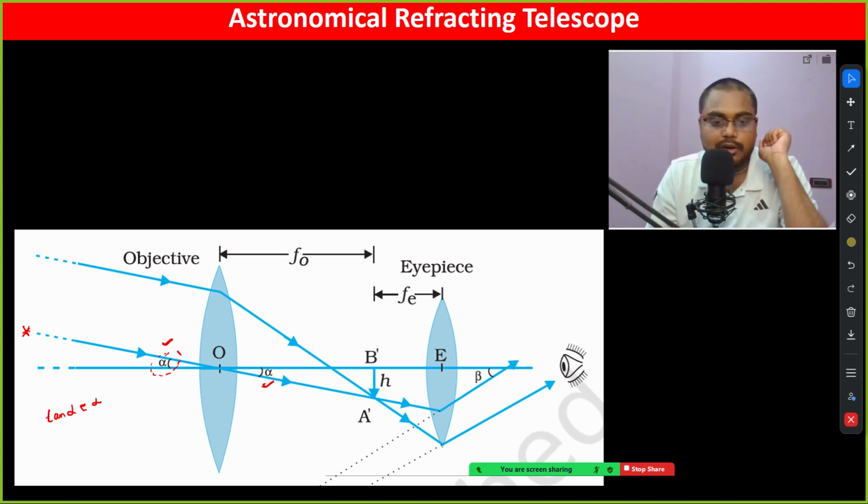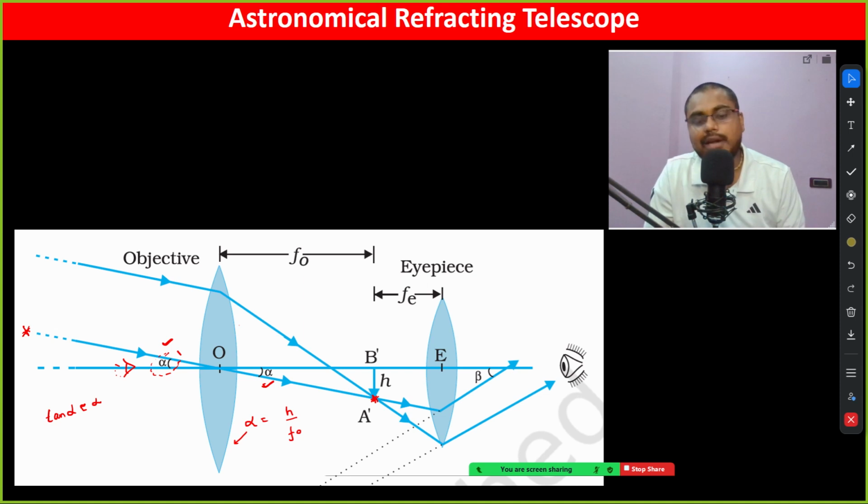If the image is formed here, we can see alpha equals h by FO, or basically tan alpha is h by FO, which we approximated to be alpha. If the lens was not there and we are seeing the object with our naked eyes, it is again going to subtend an angle alpha only. So alpha is equal to h by FO.